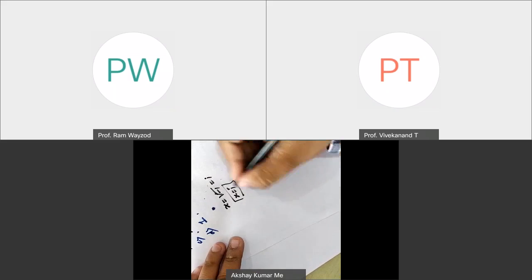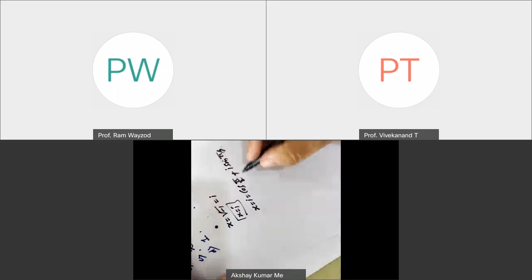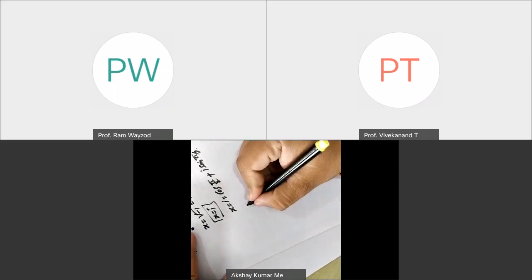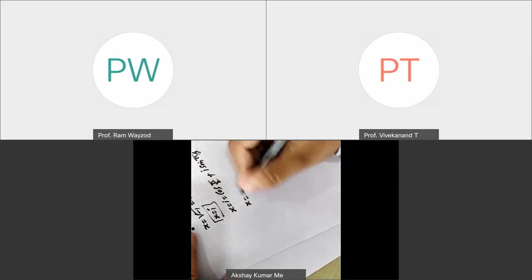Now i can be written as cos pi by 2 plus i sin pi by 2. Cos 90 is 0, plus i into sin 90 is 1, so we get i. So x is equal to cos theta plus i sin theta, which means e to the power i theta.